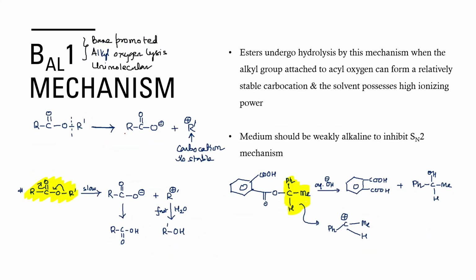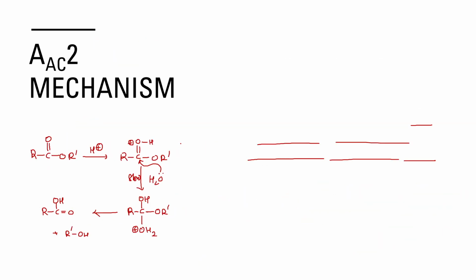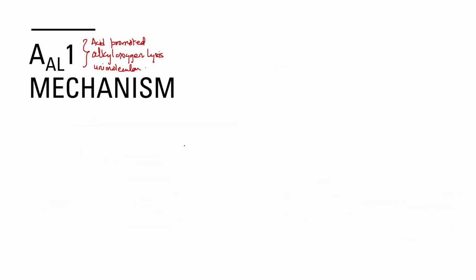BAL1. So BAL1 कब होने की possibility थी? जब this alkyl group can form a stable carbocation. Similarly, acid catalyzed medium में अगर एक stable carbocation बन गया तो again AAL1 mechanism follow किया जाएगा.